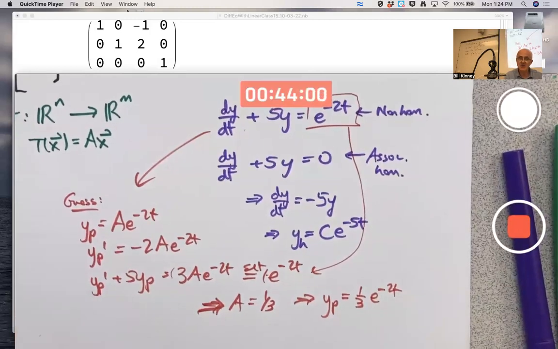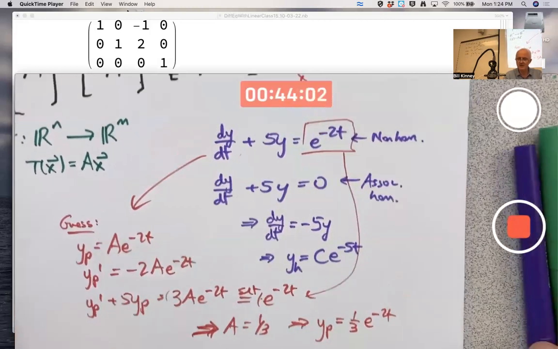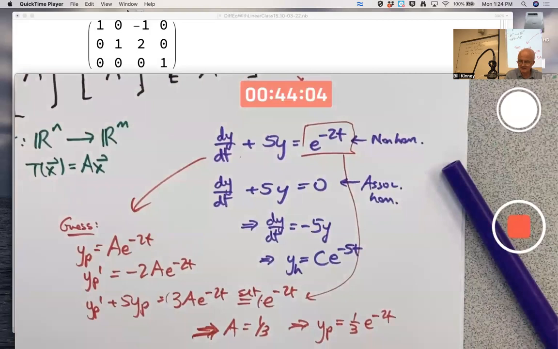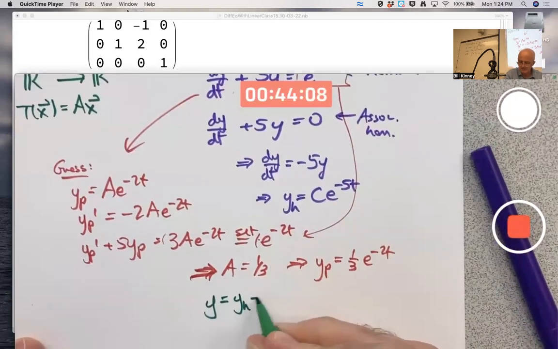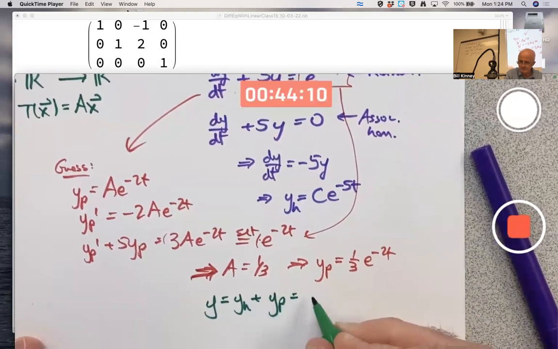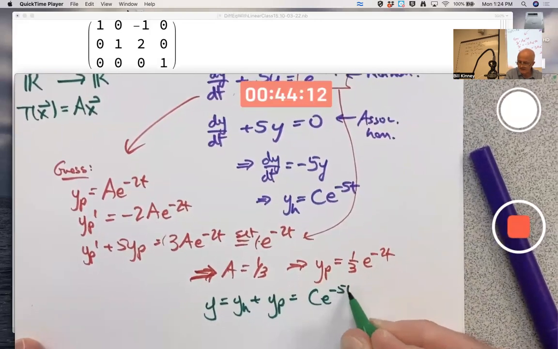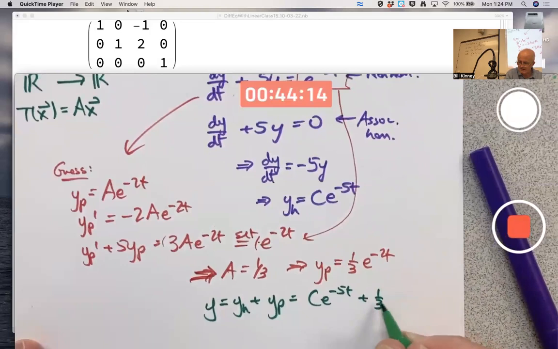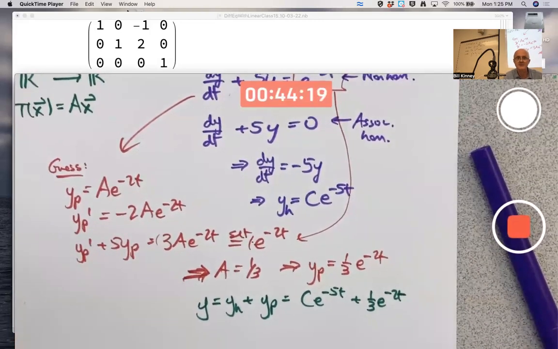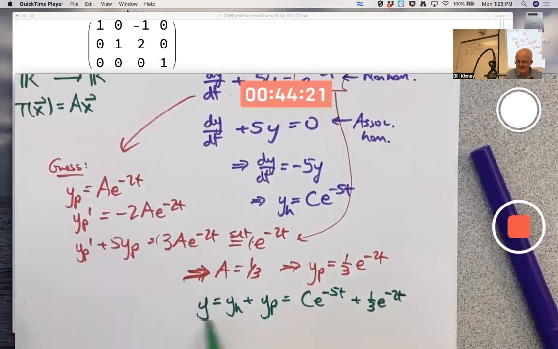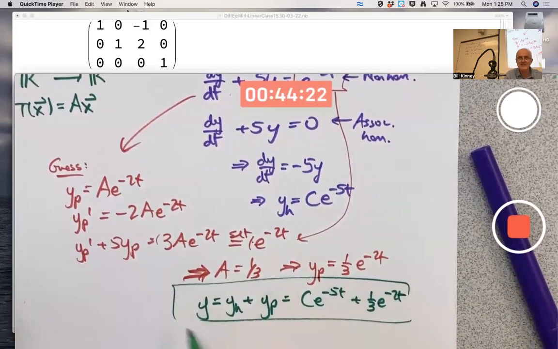And then your general solution of the original non-homogeneous equation turns out to be YH plus YP. C e to the negative 5t plus 1/3 e to the negative 2t, which you can then use to solve initial value problems. This is your solution set, so to speak, where C can be anything.